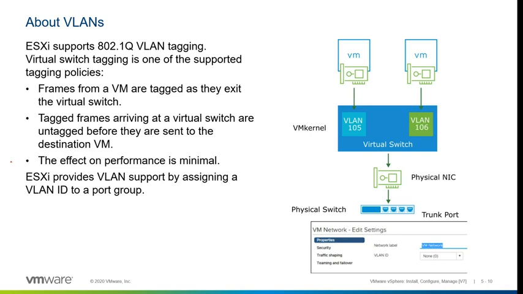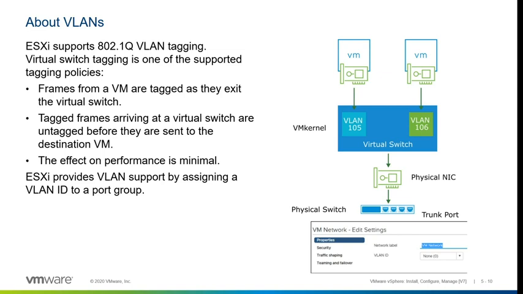Now, whether I use a virtual machine port group or a VM kernel port, I can establish VLANs, okay? And the VLANs are enumerated, or listed, in the vSphere client on the virtual machine port group or on the VM kernel port, okay?